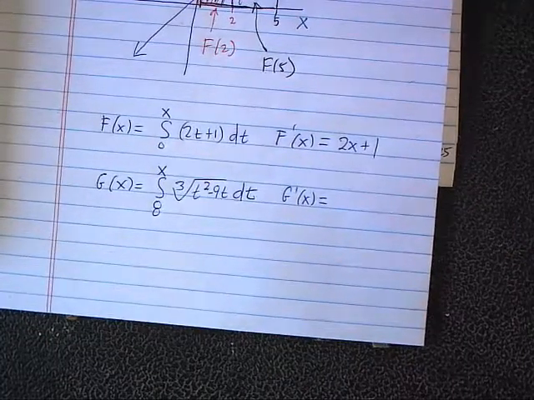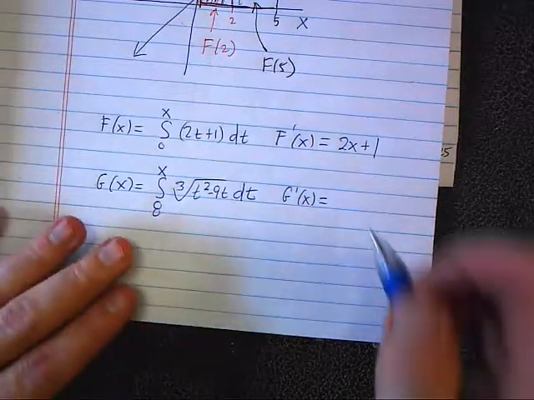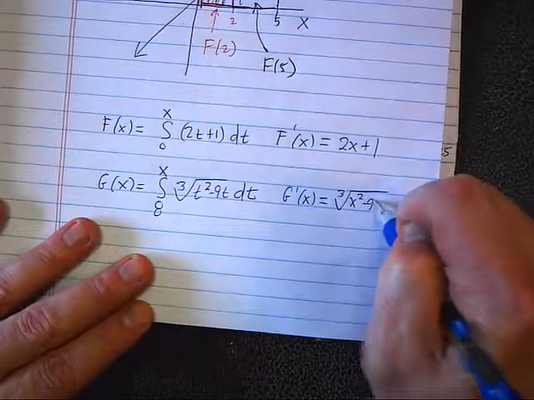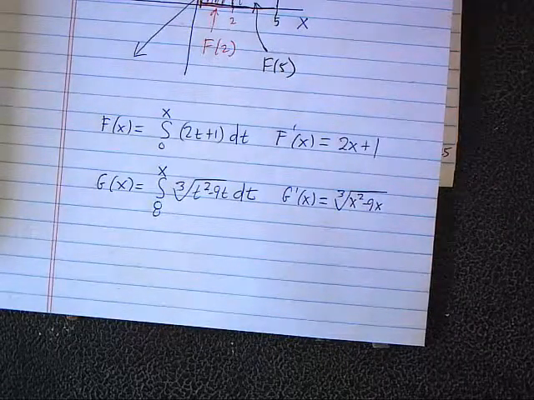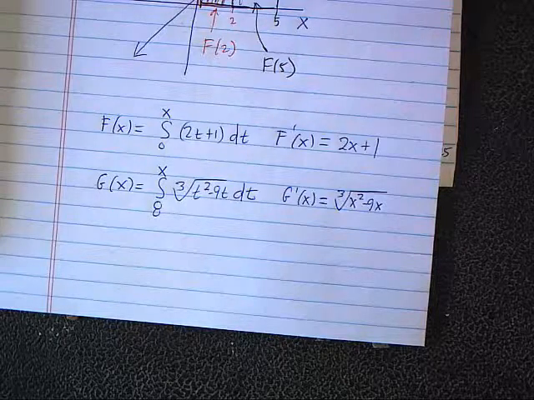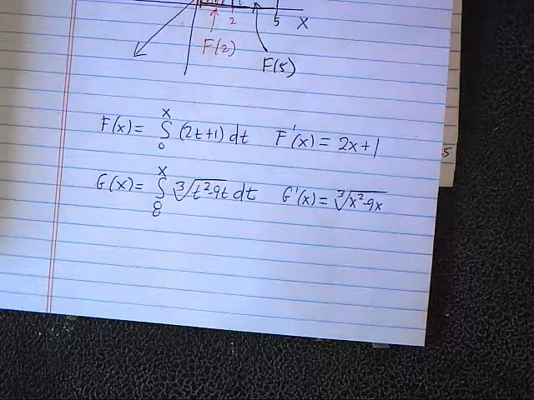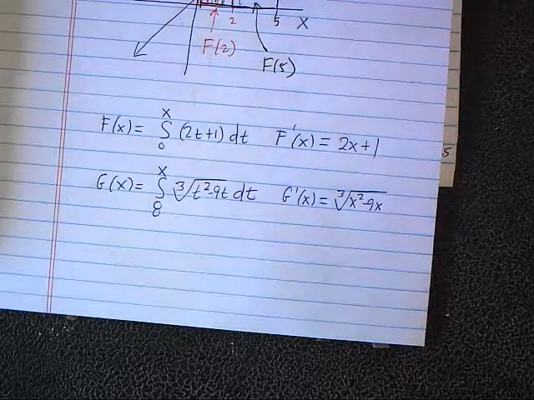You're going to tell me g prime of x is the cube root of x squared minus 9x. And that's it. You're done. You will probably not see a lot of those on the test. You will see one like this on the test, but probably not a lot of them.